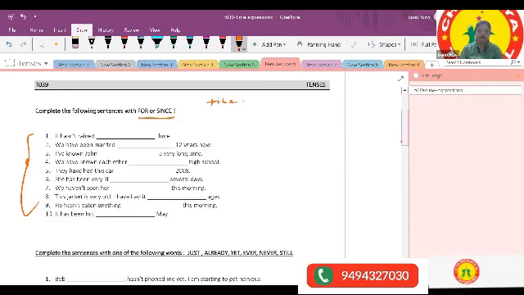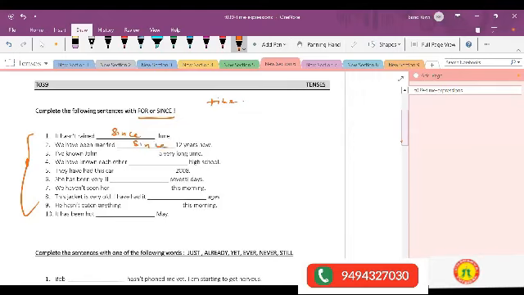Go on. Start. It hasn't rained since June. We have been married for 12 years now. I've known John for a very long time. We have known each other since high school. They have had this car since 2008.